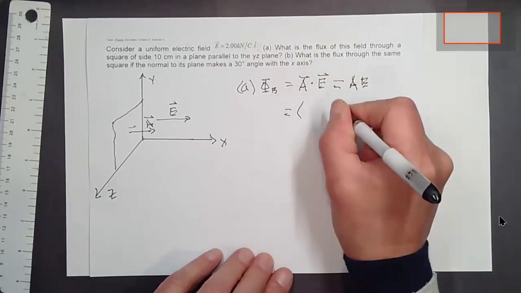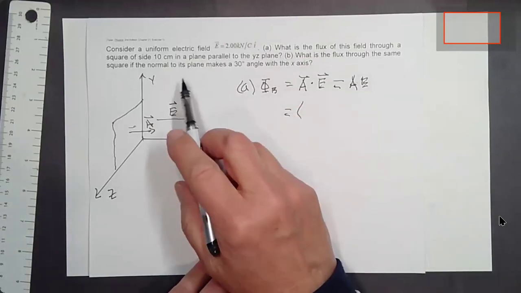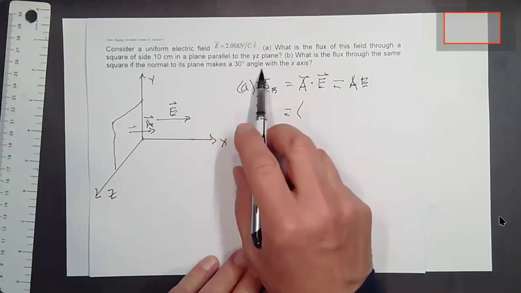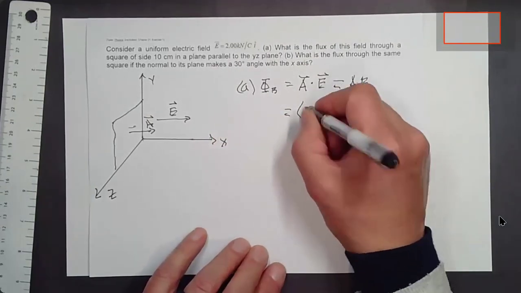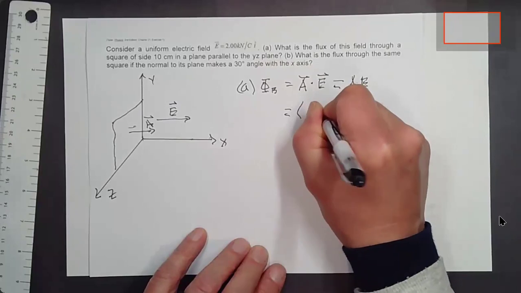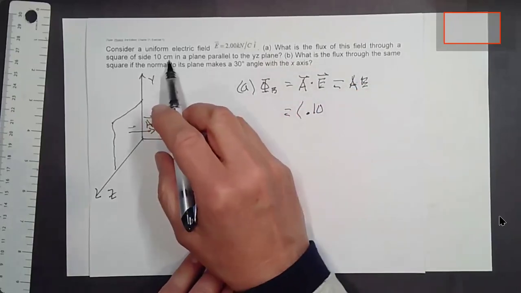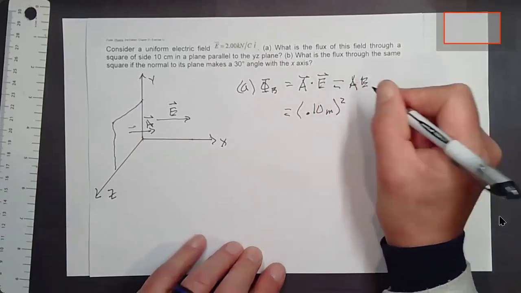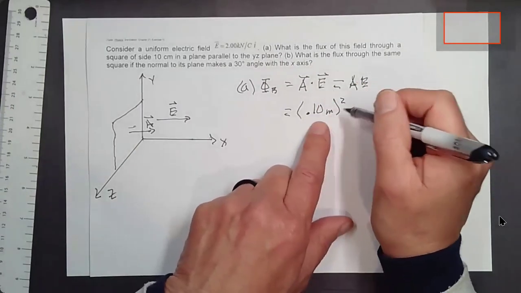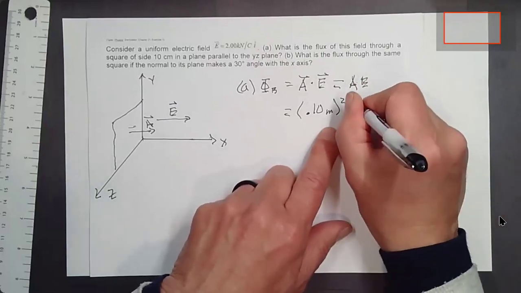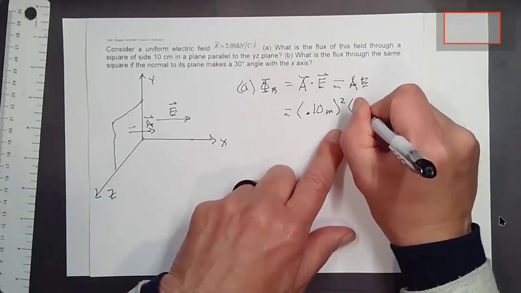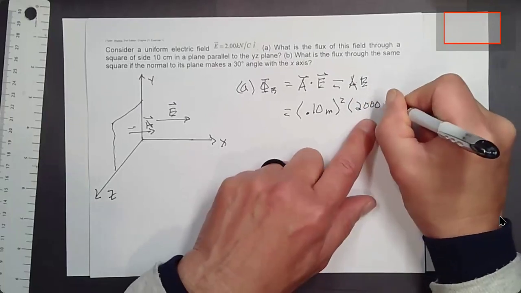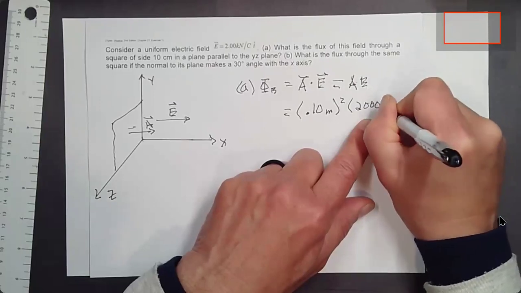So A is going to be, we don't have a lot of sig figs on this either, like 1.3 on that, but let's just round it to 1. 10 centimeters, by the way, is 0.10 meters. So 0.10 meters, and we square that, and we'll get 0.01 meters squared. And then multiply by the electric field strength, which I'm just going to write as 2,000 newtons per coulomb.